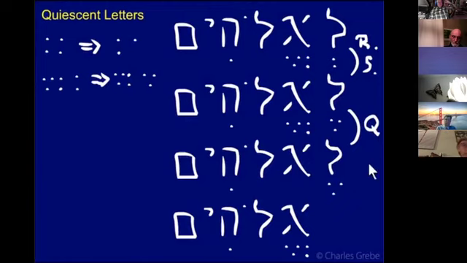Quiescence of the aleph. Now, what often happens with aleph, as opposed to the other quiescent letters, is that when aleph quiesces, you will frequently get, or often get, compensatory lengthening. So, what that means is, let me erase this here. It's already quiesced, so we've lost that.